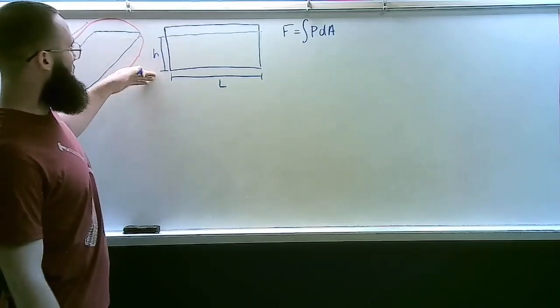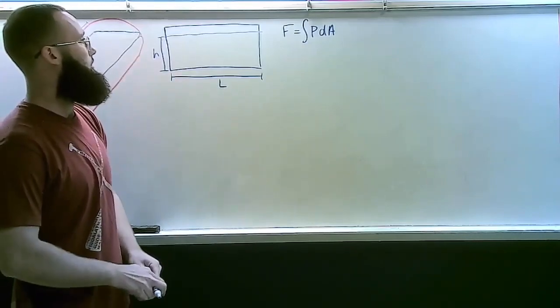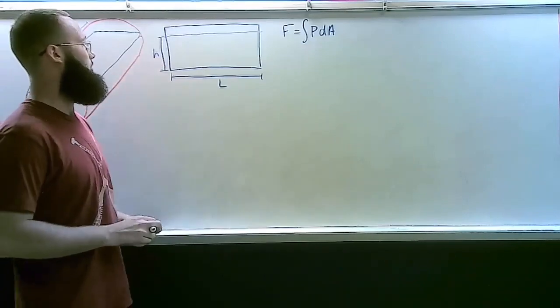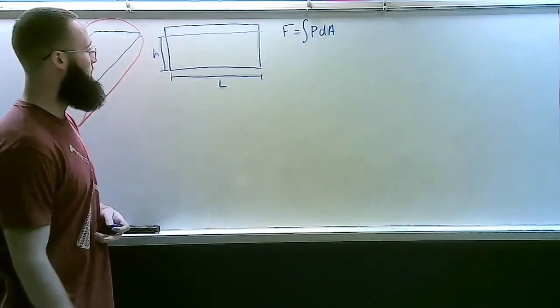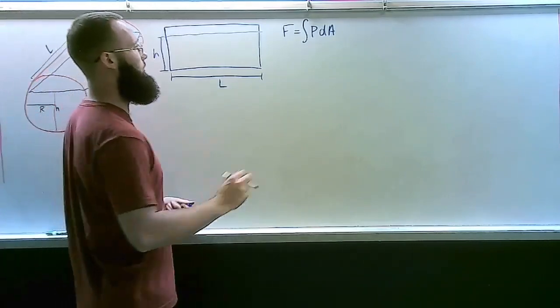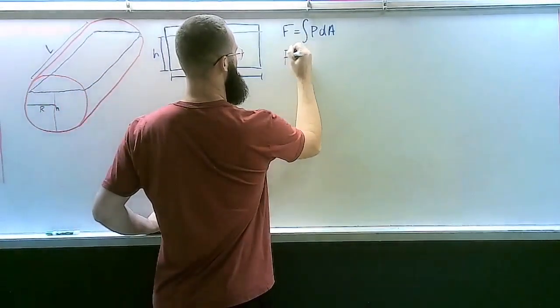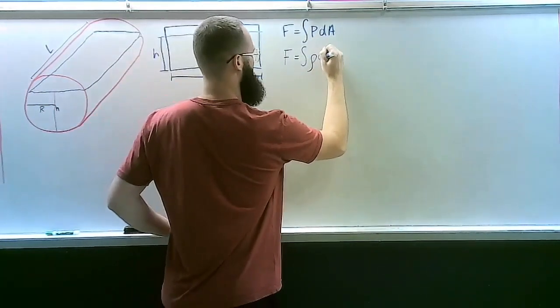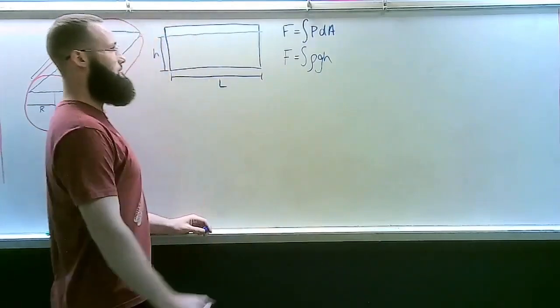So because we are deriving this based on differential area, we need to split one of these two into either differential height or differential length. I will choose to do the height just because it works better for both iterations. So I'm going to change this a little bit. For pressure, I'm going to sub in rho g h.